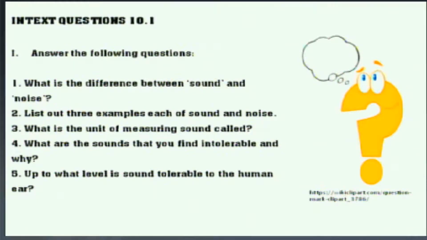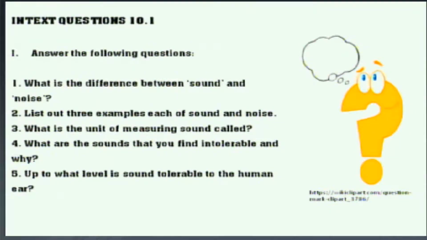Then thunderclap during the rainy season. Fine, I have given you 2 examples, but don't just go for 3 examples, go for more. What is the unit of measuring sound called? We have already done it: decibels. What are the sounds that you find intolerable and why? This is a personal question.